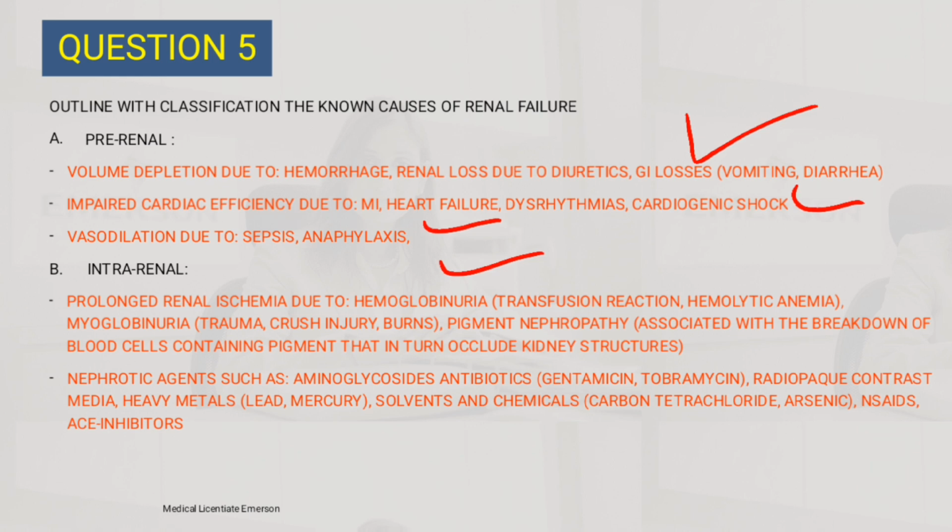Then you can have nephrotoxic agents, such as aminoglycoside antibiotics, such as gentamicin, tobramycin. You can have radiopaque contrast media, heavy metals such as lead and mercury. You can have solvents and chemicals such as carbon tetrachloride and arsenic.